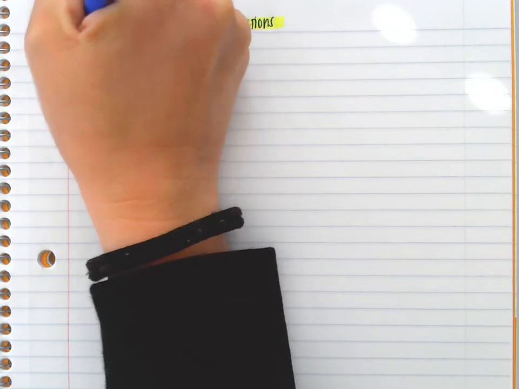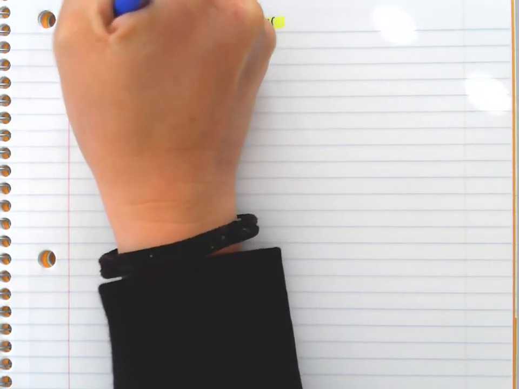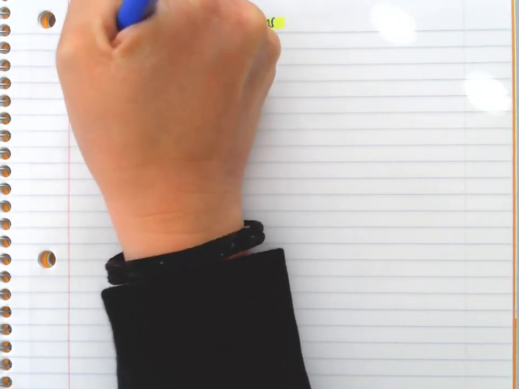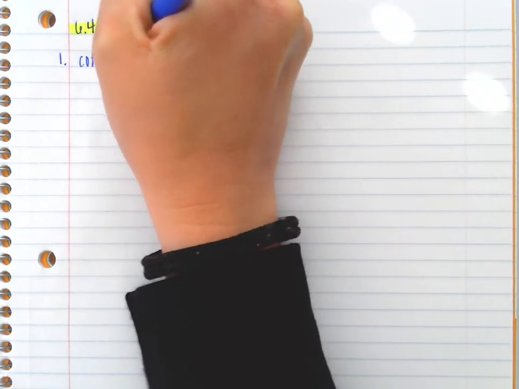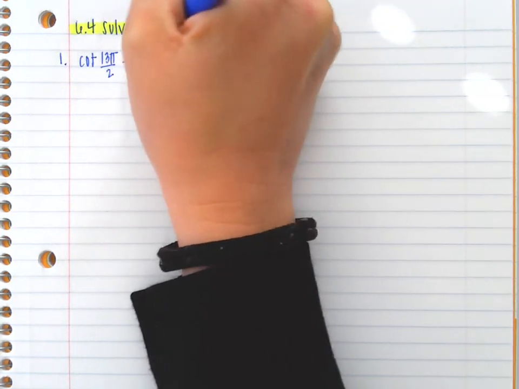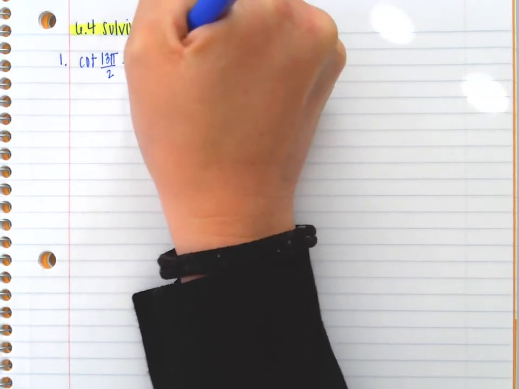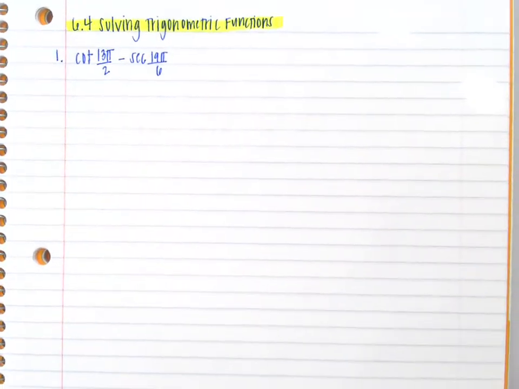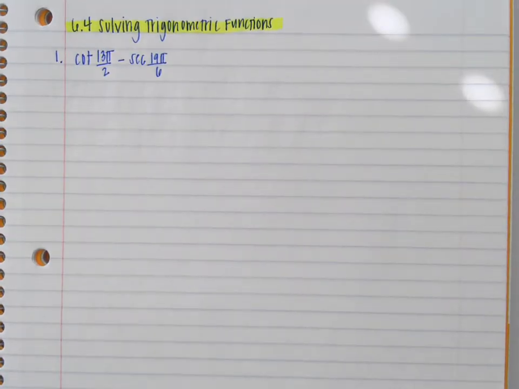So we have cotangent of 13 pi over 2 minus secant of 19 pi over 6. I'm putting two problems in as one problem, because this is more along the lines of what your test questions are going to be like. So I thought that would help you to see these more.